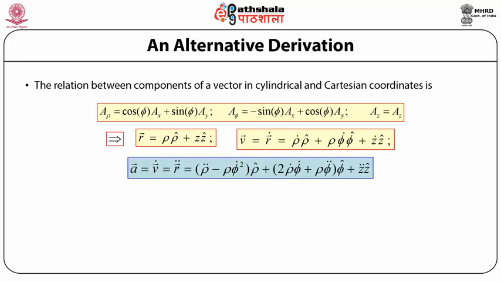The acceleration vector A equals V dot vector, equals R double dot vector, equals rho double dot minus rho phi dot squared, times rho cap, plus 2 rho dot phi dot plus rho phi double dot, times phi cap, plus z double dot z cap.